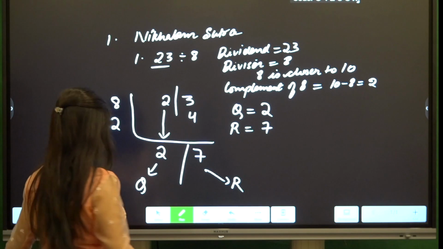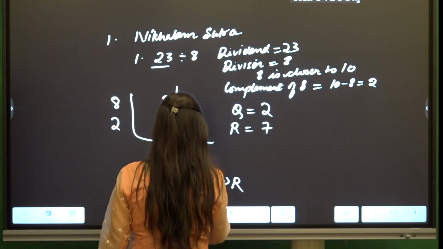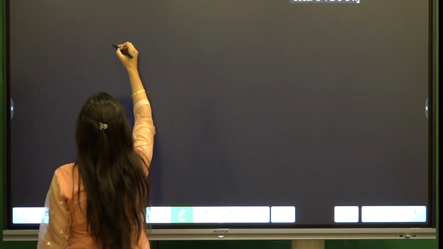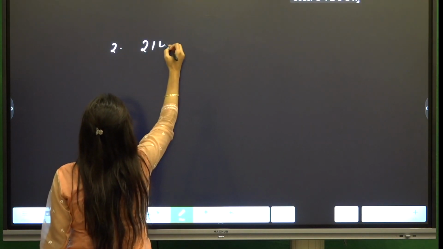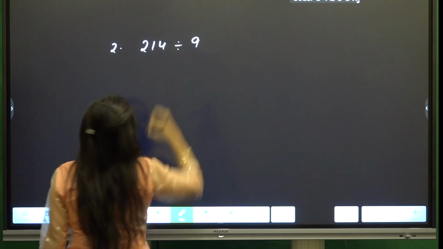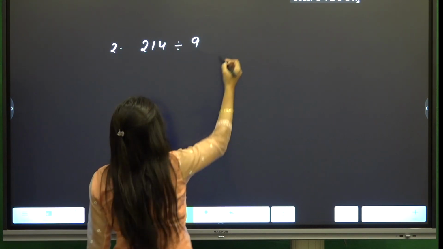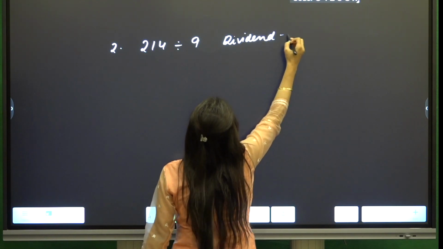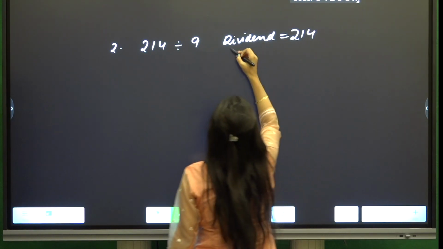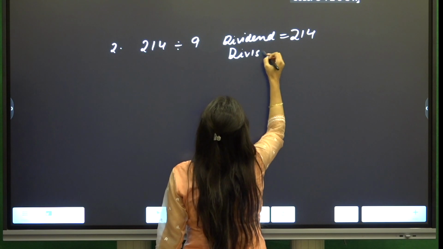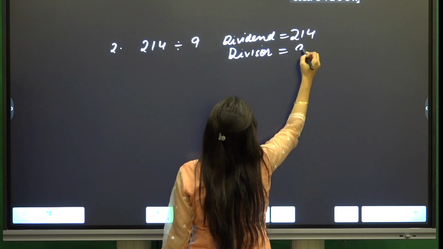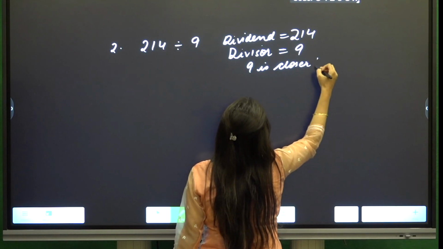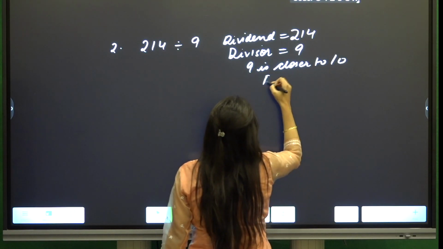Let's take another example. Say 214 divided by 9. Here dividend is 214, divisor is 9. 9 is closer to 10, so base is 10.